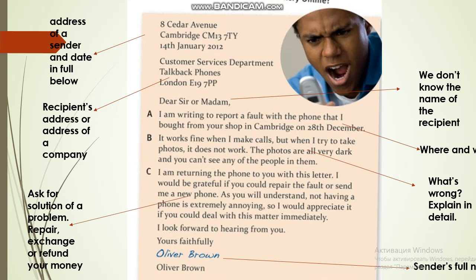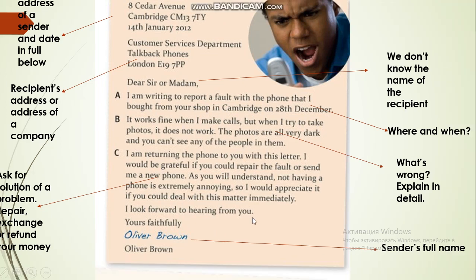Next, here we started with dear sir or madam because we don't know the name of the recipient. I mean, the person who wrote this letter didn't know the name of the recipient, therefore he wrote dear sir or madam. Then starts our main body, and it consists of 3 parts: introduction, main body, and conclusion.